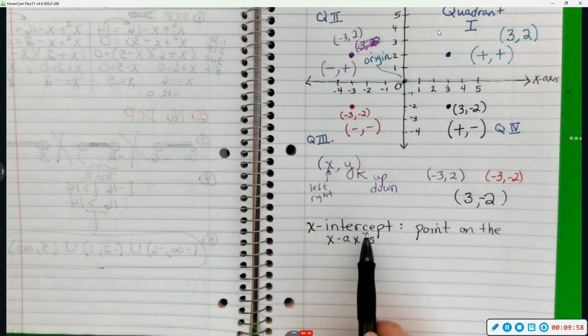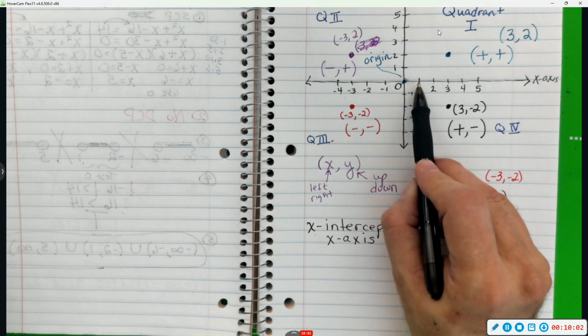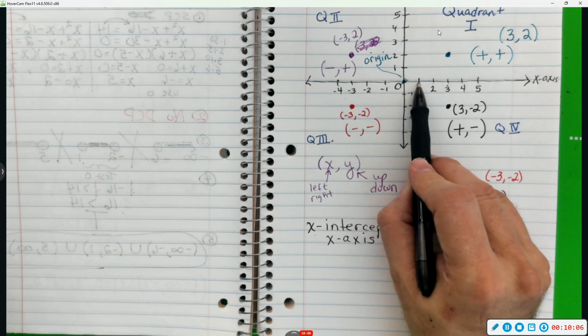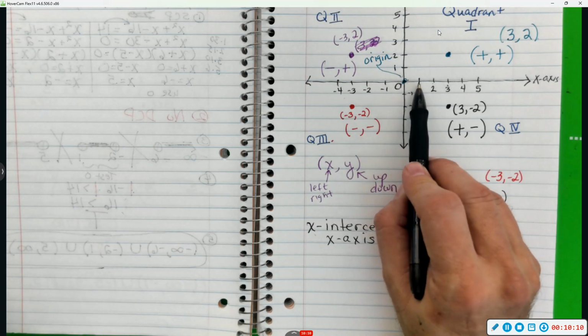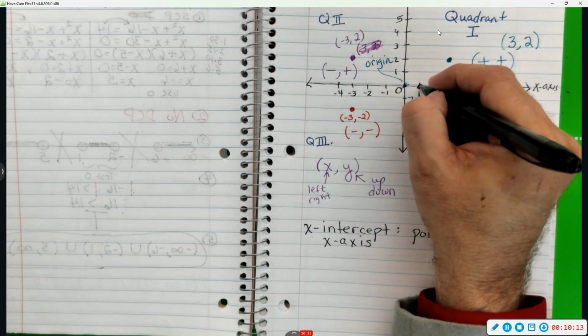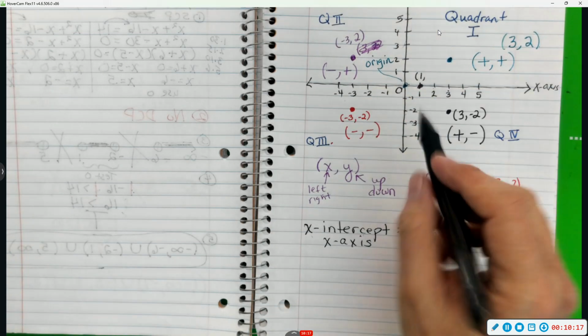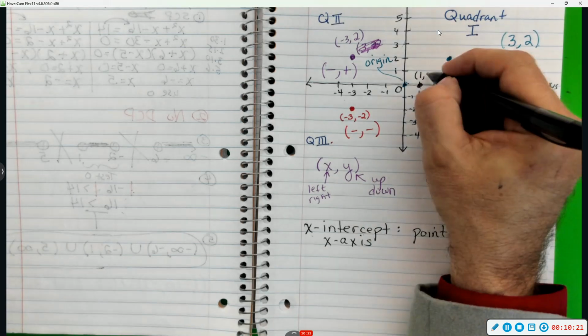If you have a point on the x-axis, now this point right here where I have my pen at the number 1, how would y'all write that as an ordered pair? I'll get you started. To get to this point right here, you would move 1 unit to the right, and how many units up or down? 0.